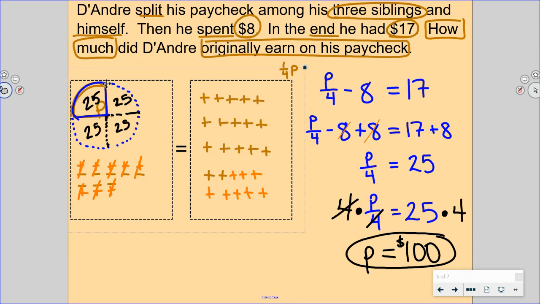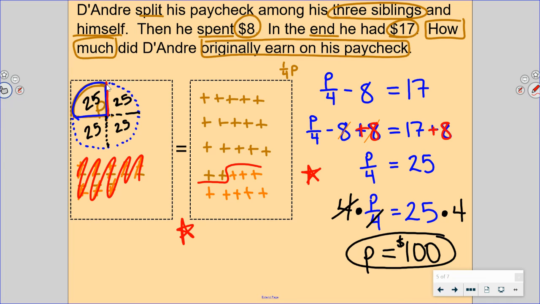Now, I also showed you both in drawing as well as over with numbers and variables over here, how to solve this problem. The first thing we did was we got rid of minus $8 by adding $8, and of course we were fair over here. We showed that by adding 8 to both sides with numbers and symbols. Then what?